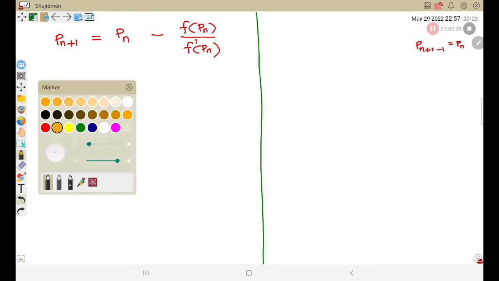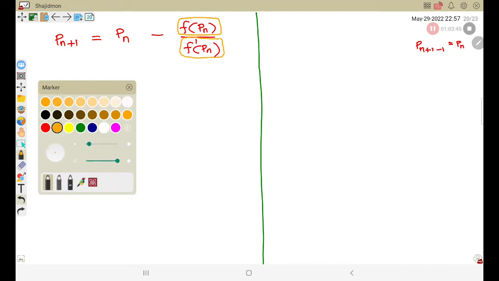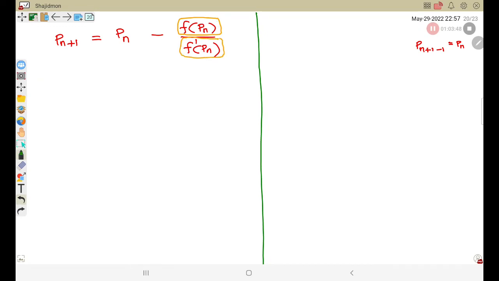Now, as usual, just to check what is f of Pn and what is f dash of Pn separately, so that you can do the simplification easily. First f of Pn: what is f of x? Here we got f of x equals x power 2 minus capital N, correct?